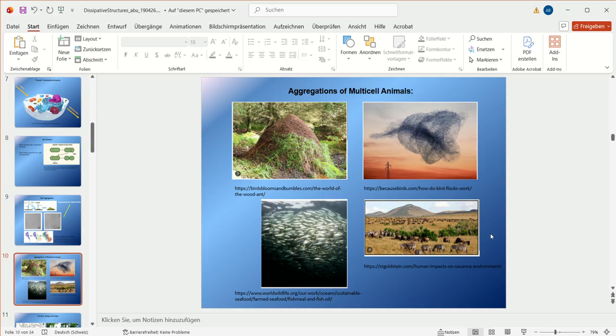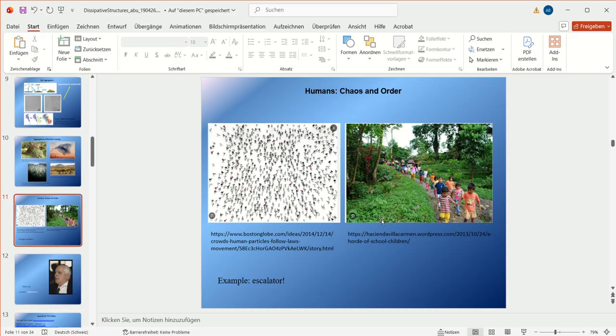Or in Africa, for example, you can have these large herds of mammals, which are also very impressive, like the buffaloes or the zebras. And also in humans, you can have humans combined in a rather chaotic way, and you can have humans combined in a very orderly way.